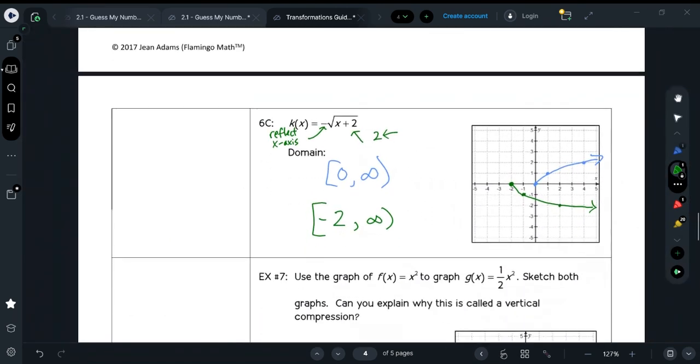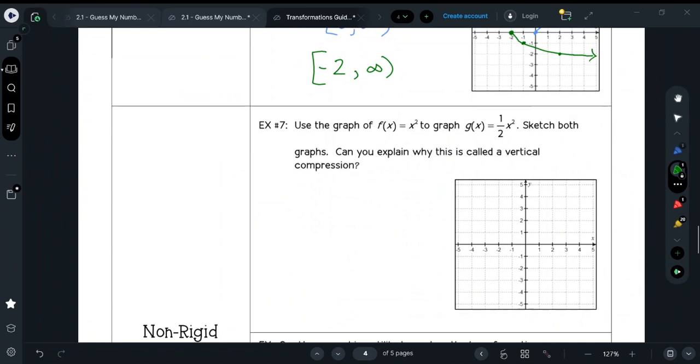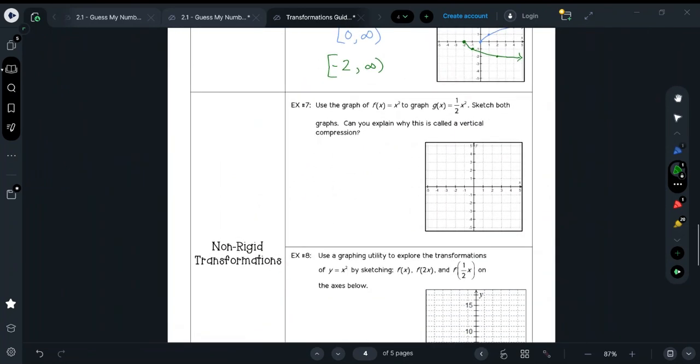Okay, so next we've got example number 7. Now, you know what? In example 7, this is where we look at some examples of non-rigid transformations. This is the stretch and the shrink. And for sake of time, I'm not even going to go over these just because you're not going to have to do this on your assignment or on your test.